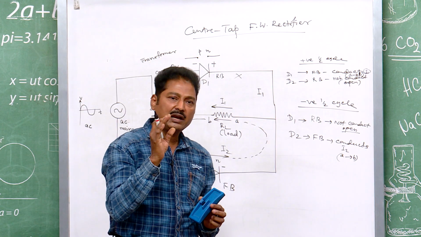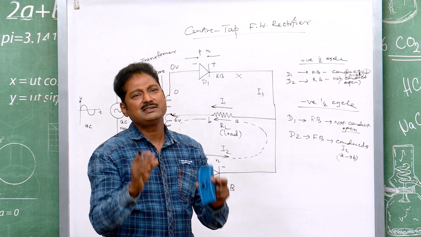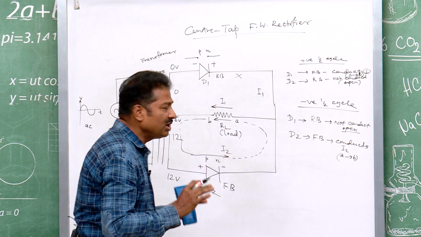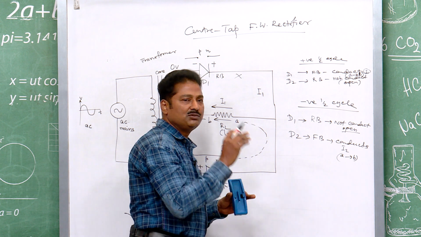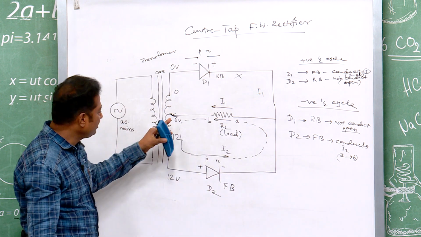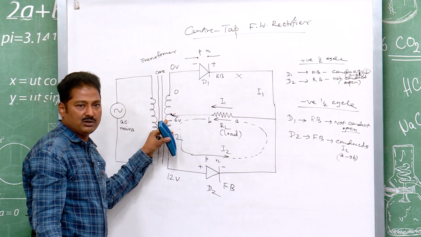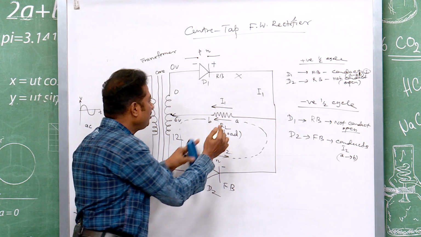Whenever current is flowing, it is flowing from A to B, and that was the required need of our rectification. You see, using two diodes and a center tap transformer, we get the current in the same direction. This is your output.